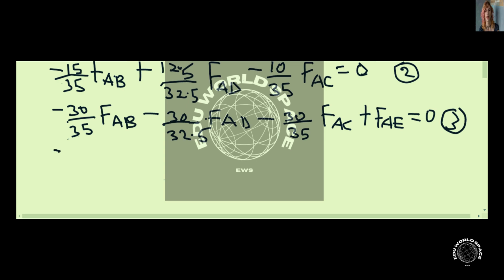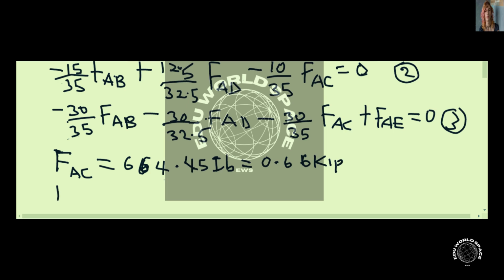So FAC is equal to 666.67 lb, which is equal to 0.66 kip. Then you get your FAD, which we are actually looking for.